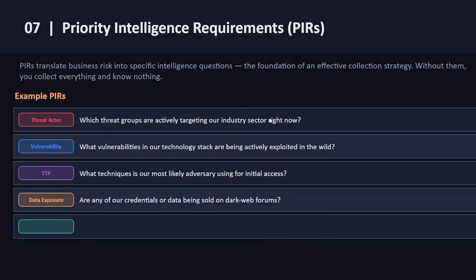What they will do, these guys are doing a business loss for us. So let them face this repercussion here. We will bring these services down. So you will know who is attacking us. First one, threat actor. Then vulnerability.